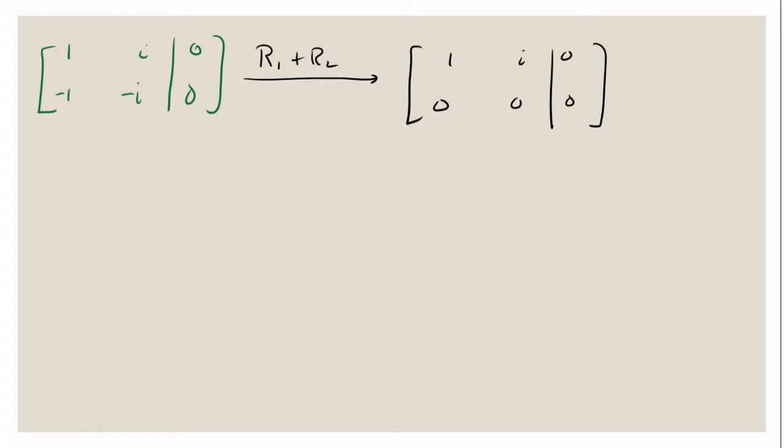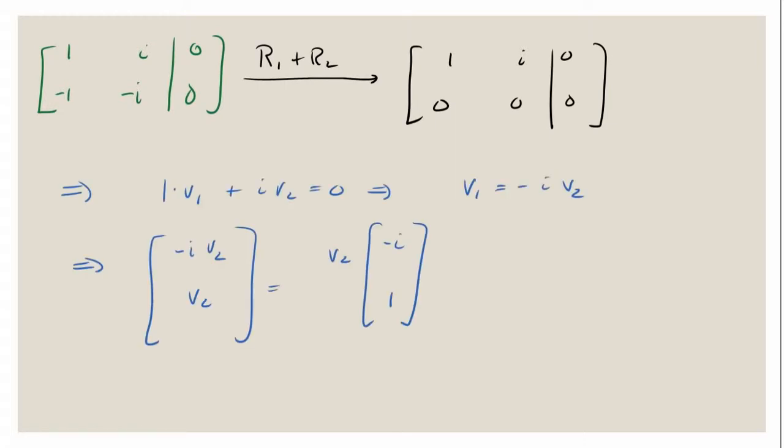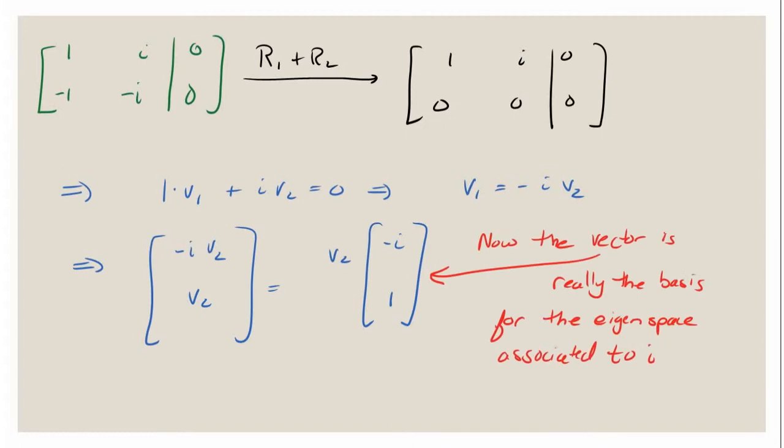Now I will do row 1 plus row 2, which wipes out entirely row 2. And then the process is the same. I extract out what I have in row 1, and I solve for V1 in terms of V2, and I get this eigenvector. And this vector that you get is really in parametric form, but this isolated vector is the basis for the eigenspace associated to i.